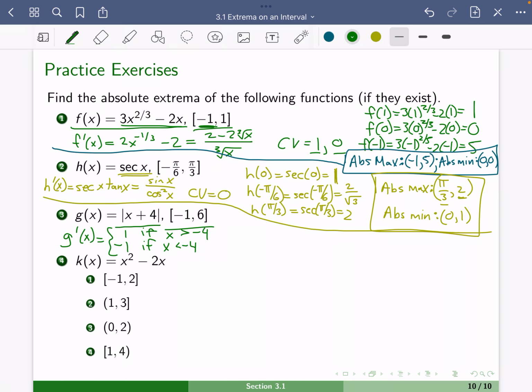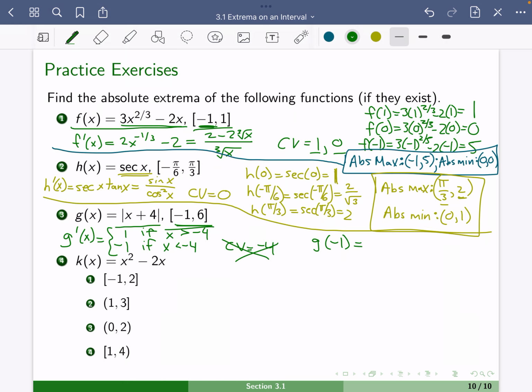So the only critical value we have here is -4, but that is not in the interval from -1 to 6. Perfect. So if we're trying to find an absolute maximum, absolute minimum, we have no critical values. Now all we need to do is plug in our endpoints.